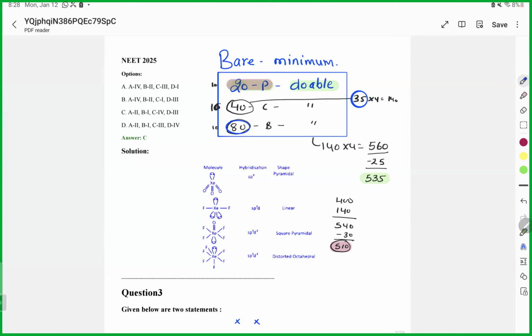Can you say whoever did not get 510 minimum or 520 didn't study properly? Yes or no? Yes, sir. Exactly. That's the reason I am telling all of you that I am giving you a guarantee of selection. Just do what I am saying.